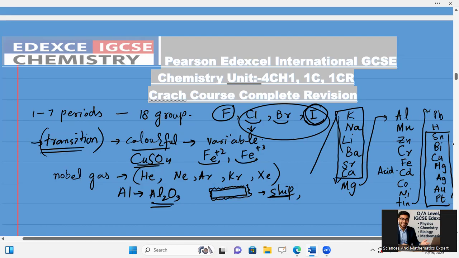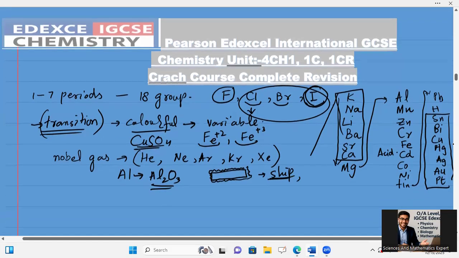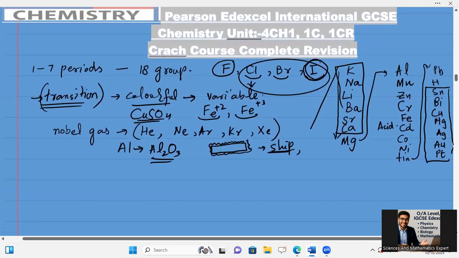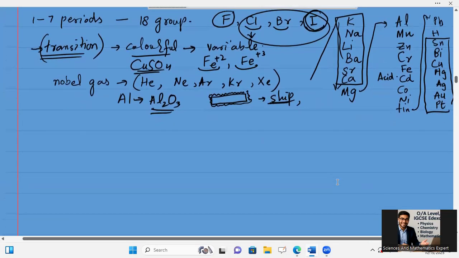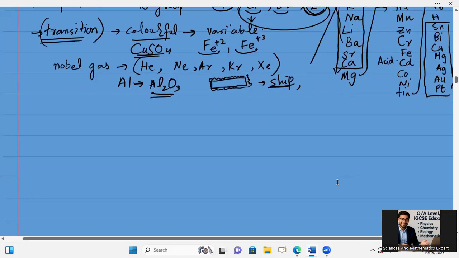And then we have to talk about the chemistry of the environment. You should keep in mind the basic pollutants for the environment. First of all, water.